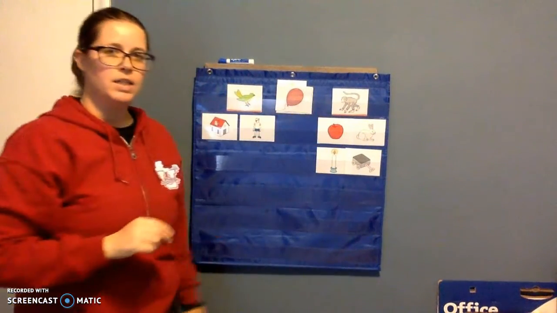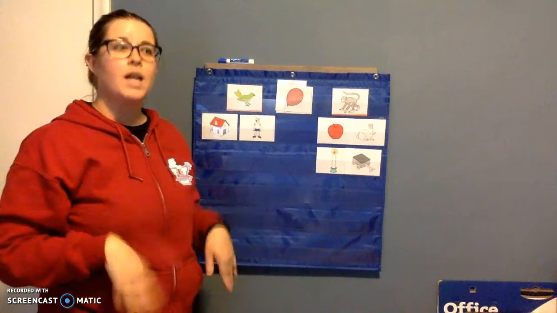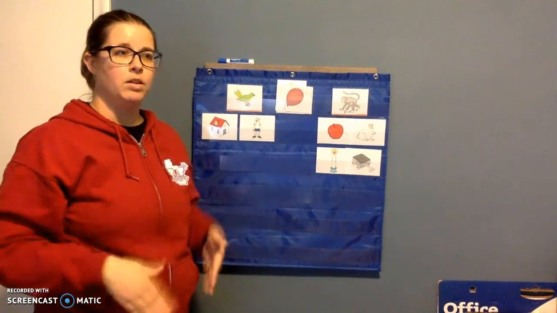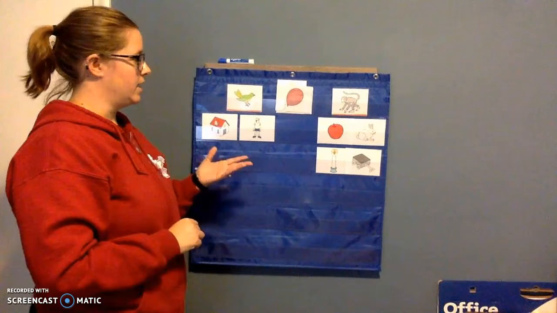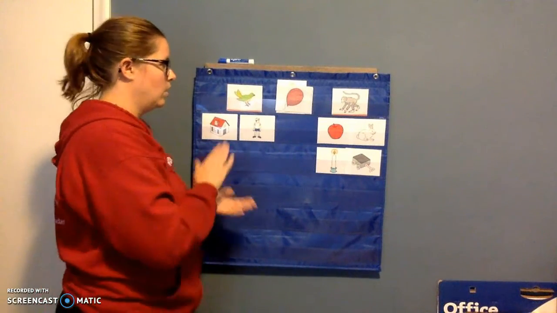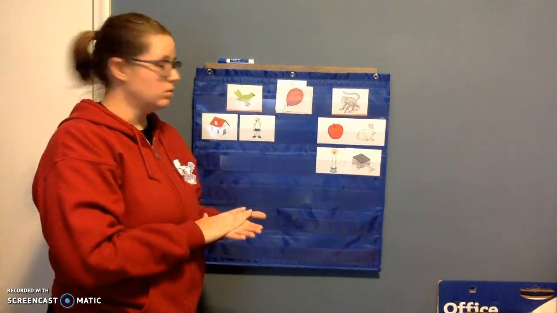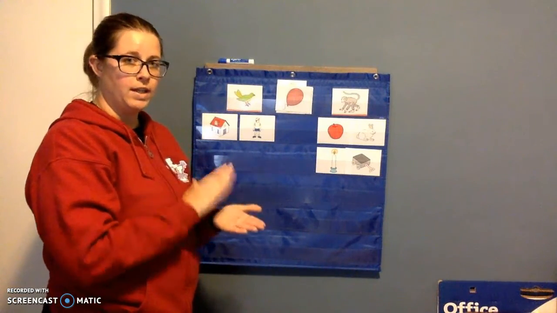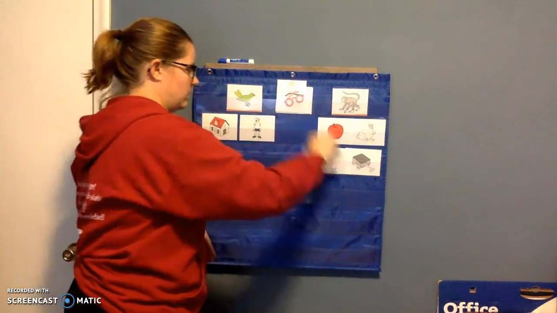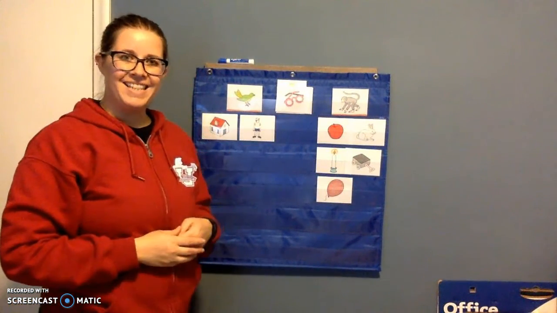My next word is balloon. Say balloon and clap it. Balloon. Nicely done. Oh, I heard 2 claps again. So balloon, monkey, apple, rabbit, candle, wagon. They all have 2 parts. My next one is glasses.